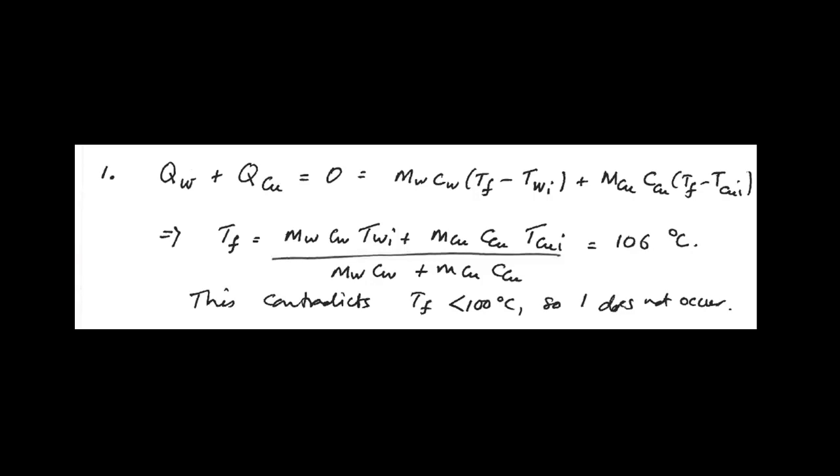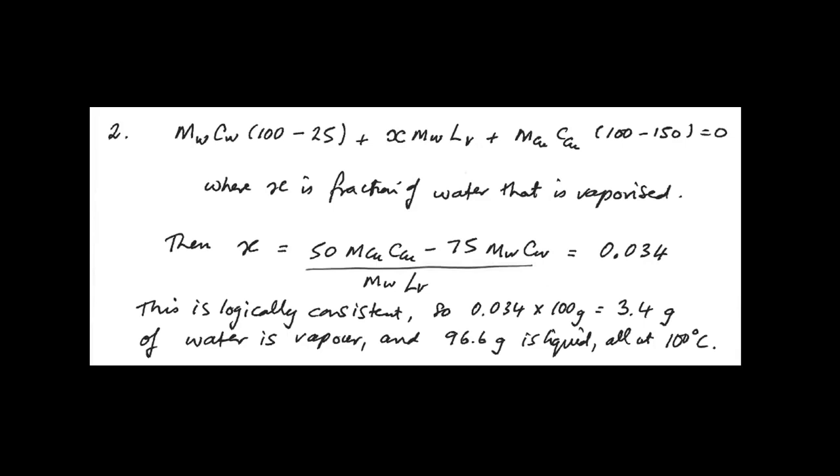That means that at least some, or perhaps all of the water is converted to steam. In the second option, we have a final mixture of water and steam at 100 degrees centigrade. So what happens is that some of the water stays as water, and some of it is converted to steam. First of all the water must be raised by 75 degrees.